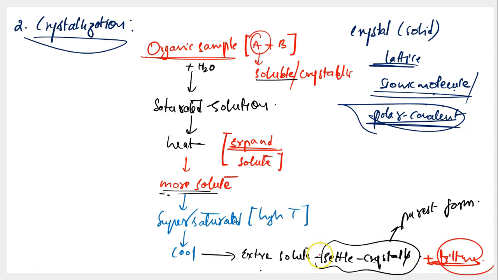So basically, by precipitating the crystals, you're producing the purest form of the solute, and the rest of the impurities just remain in the solution. You will be able to separate the pure form of solute with the help of this method, crystallization. Crystallization is used in the case of drugs, medicines and salts when you conduct synthesis reactions in the laboratory. This is the second method of purification.